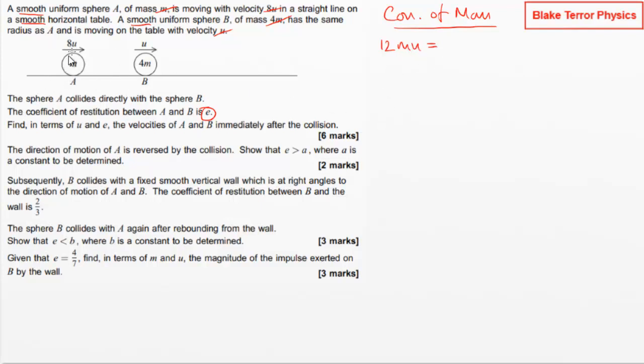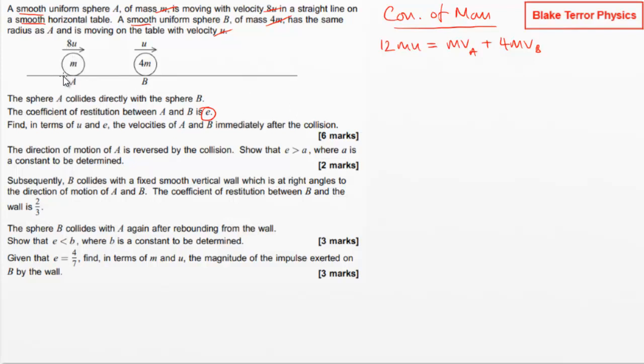Let's come up with our signifiers for velocities after the collision. So we'll have an MV subscript A and a 4MV subscript B. So we have to work out VA and VB for this part of the question. Then we've got the coefficient of restitution, which is the speed of separation divided by the speed of approach.